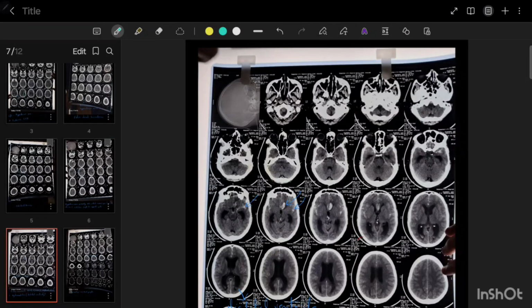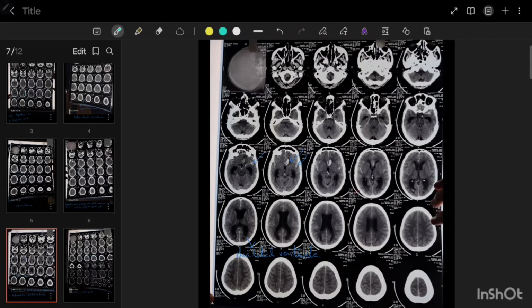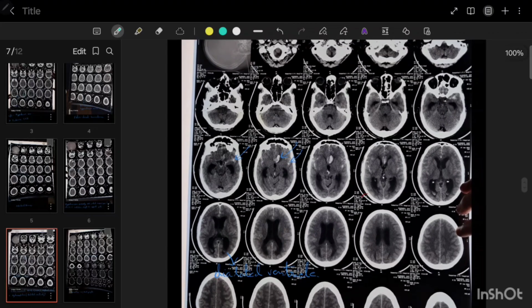Now see this CT, you can see here so many hyperdense areas, meaning here it is a diffused bleeding. And let's see the ventricles. The ventricles are more dilated.